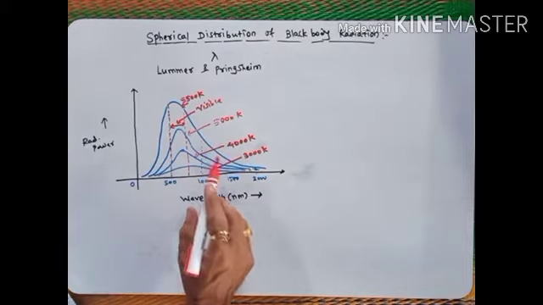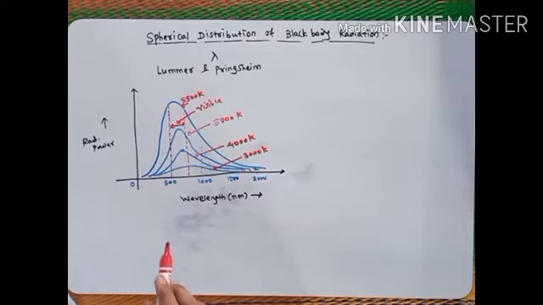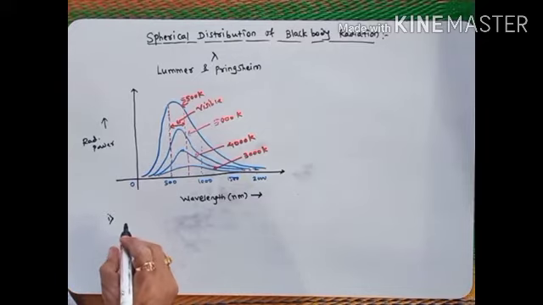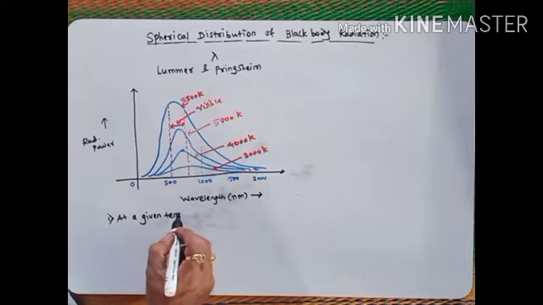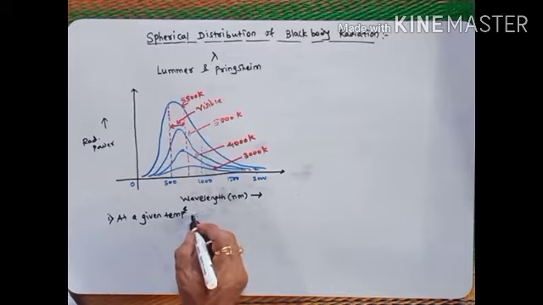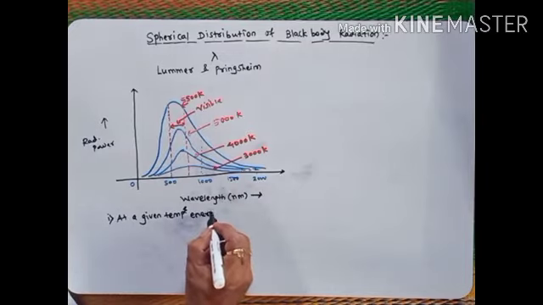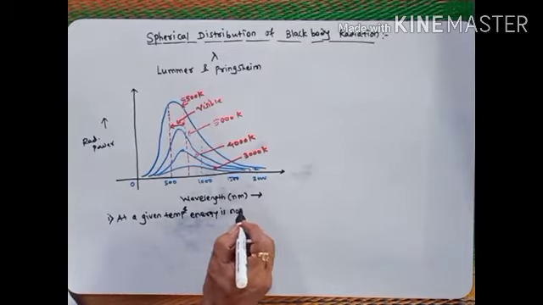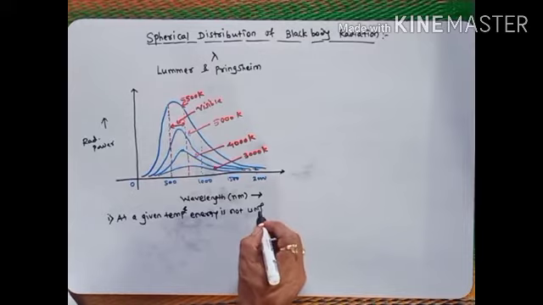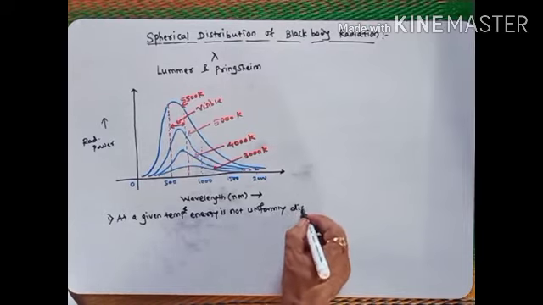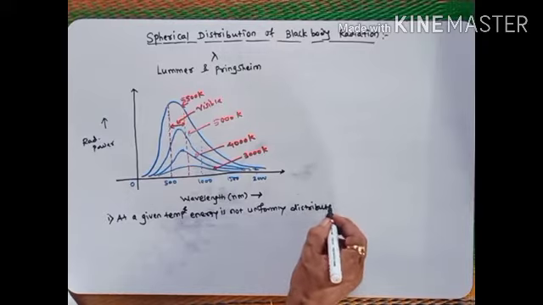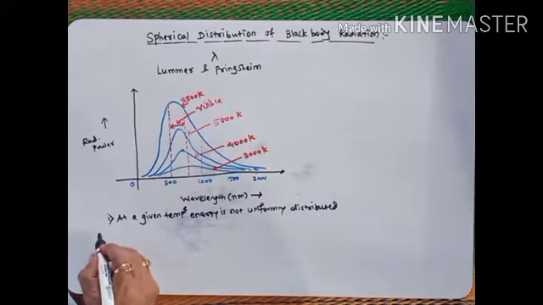From these curves, it is observed, I will write here, first thing, at a given temperature, energy is not uniformly distributed. This is the first point. Energy is not uniformly distributed.